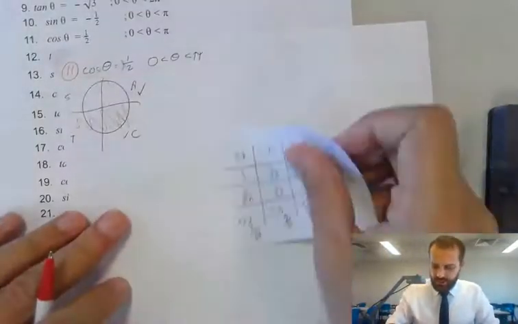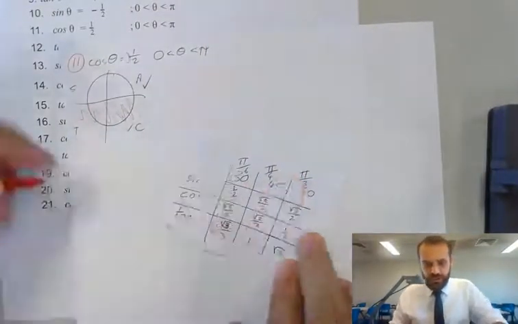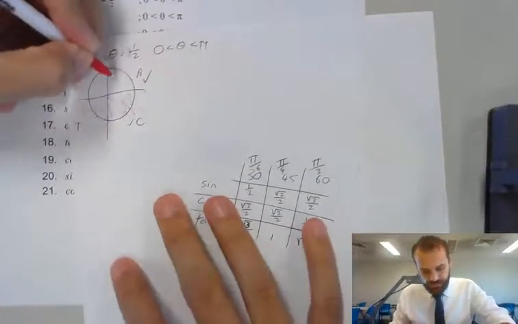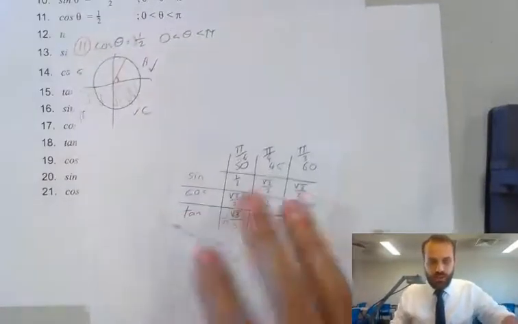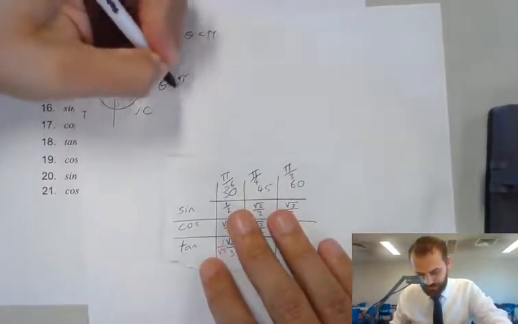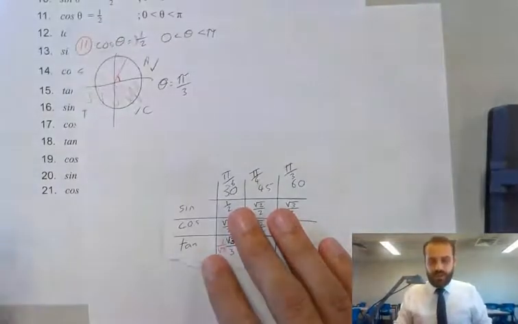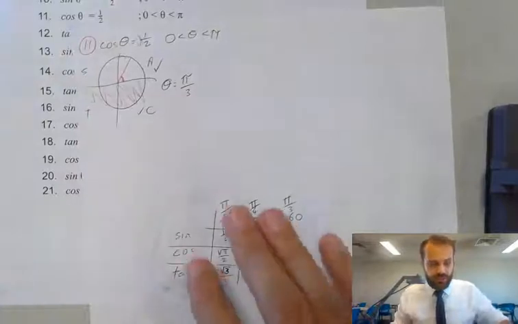Cosine theta equals 1/2, that's pi on 3. So our only answer in this question is theta equals pi on 3. There's only one answer in this question.